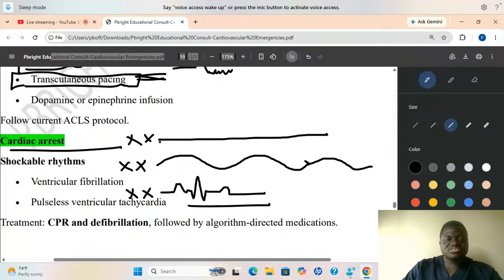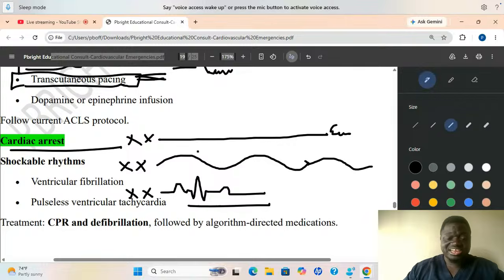If you see this, this means that the EKG wire you put on the patient has disconnected, so connect it back. This is an isoelectric line you are seeing. This one means there is no electrical activity, the heart is not contracting. The atrium is not contracting, the ventricles are not contracting, so you are not seeing the deviations.